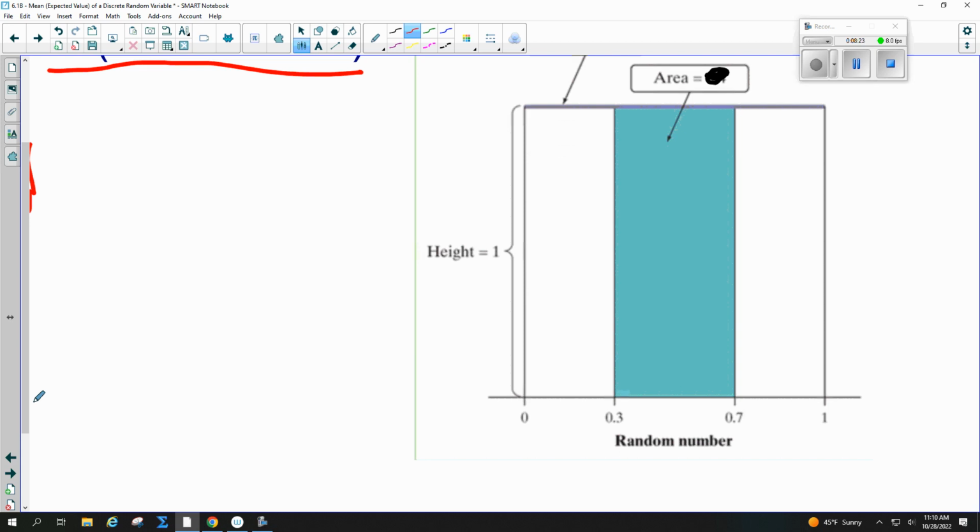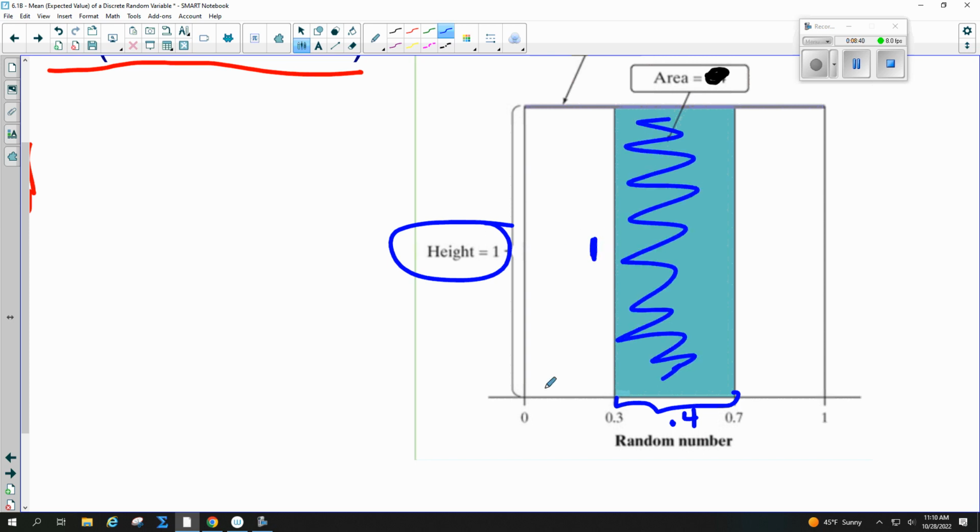So it's not hard. What is this distance from 0.3 to 0.7? Exactly, it is 0.4. It's telling me here that the height is 1. So the area is base times height. 0.4 times 1 is 0.4. So you might have one like that where you just do area under the curve from there to there.